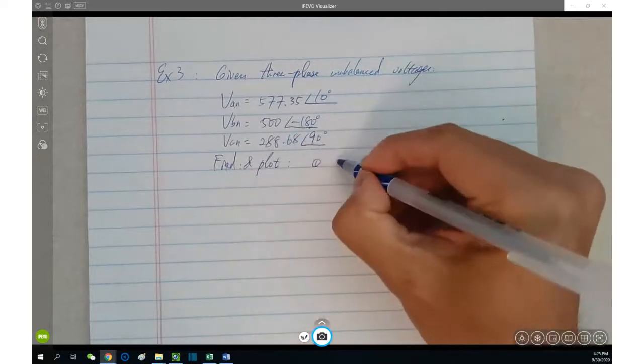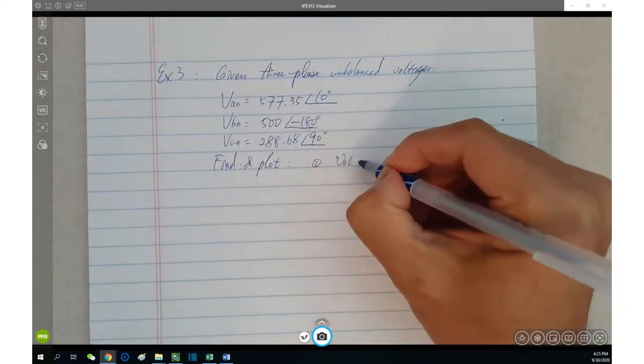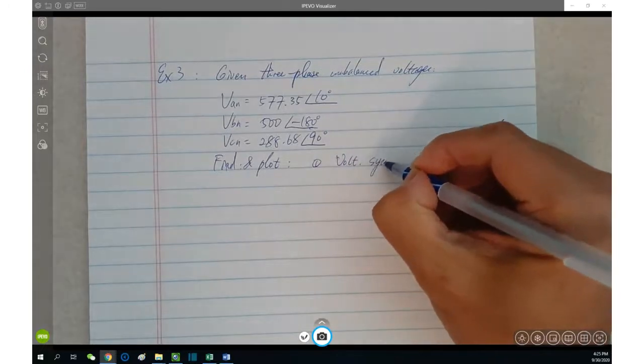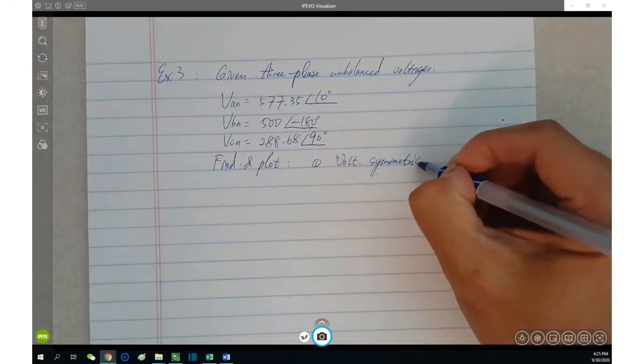First of all, the voltage symmetrical components.